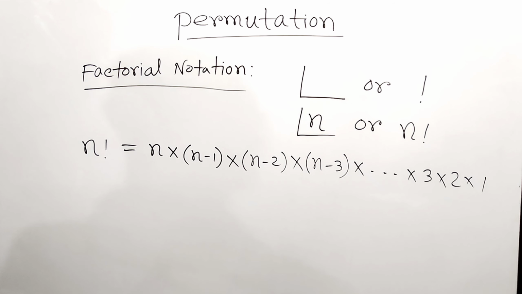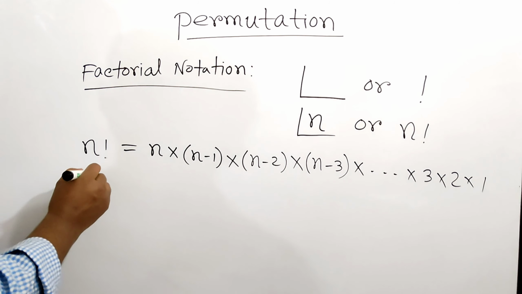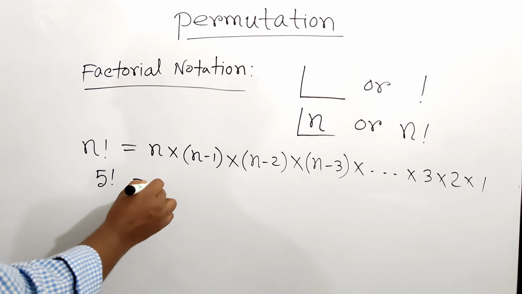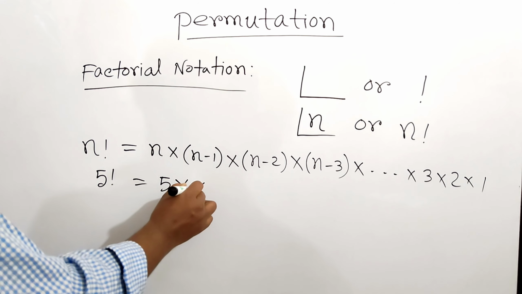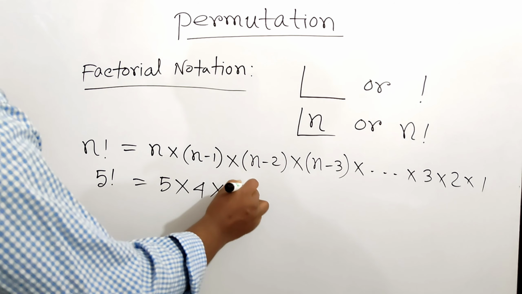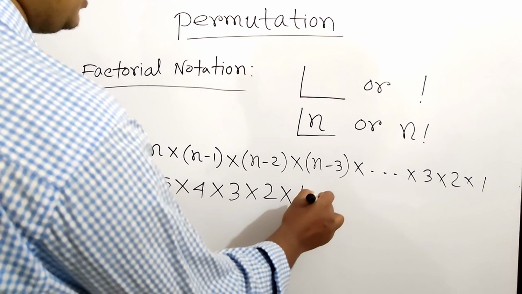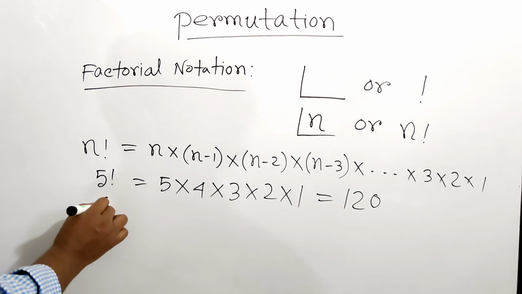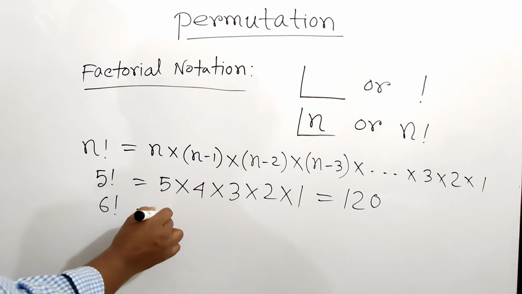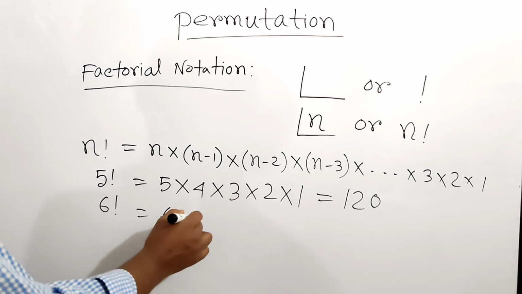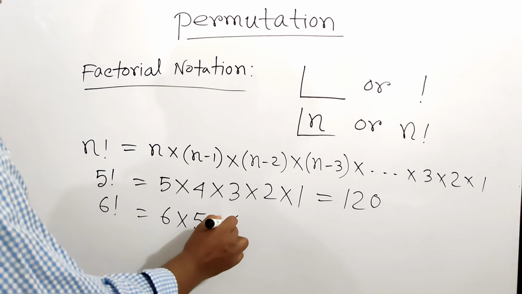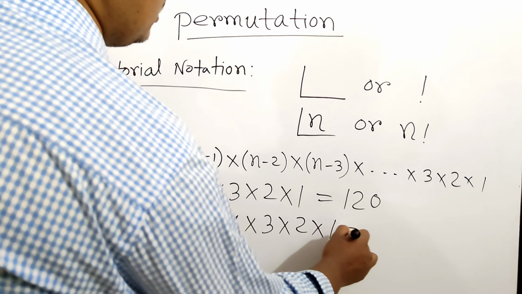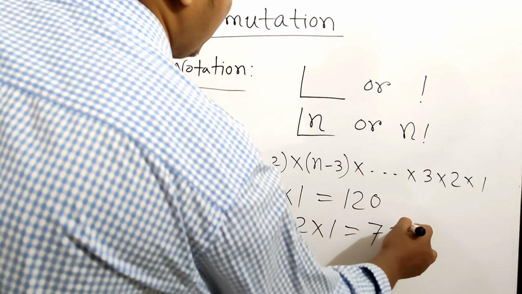then you will get n factorial. For example, if the question asks you what is the value of 5 factorial, 5 factorial means 5 times 4 times 3 times 2 times 1, that is 120. Okay, if the question asks you what is 6 factorial, then it should be 6 times 5 times 4 times 3 times 2 times 1, that is 720.